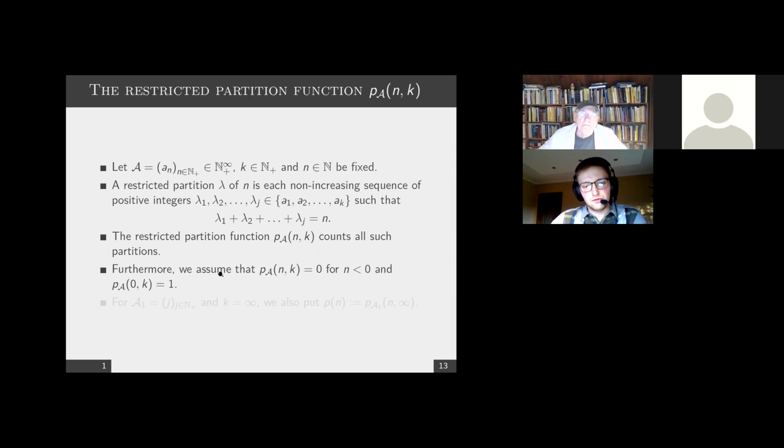It amounts to maintaining that for a sequence of consecutive positive integers a1, if we put k equals infinity, we obtain the classical partition function P of n, and we will use the traditional denotation, the classical P of n.